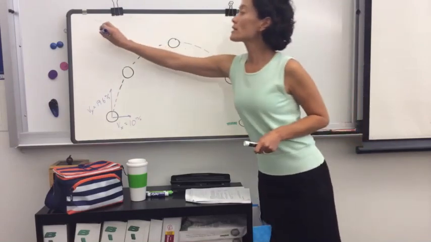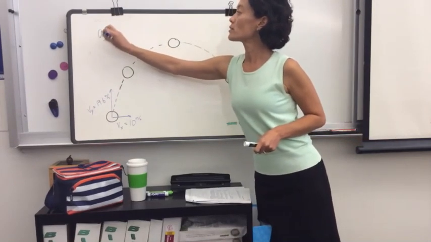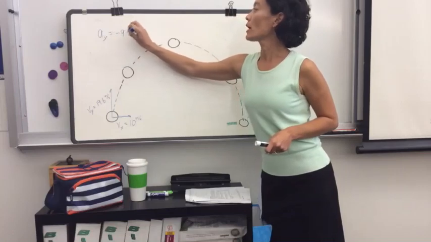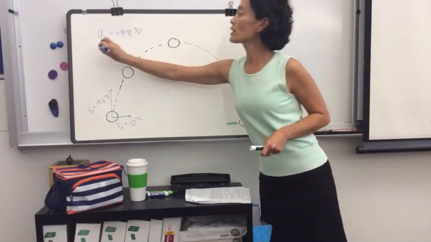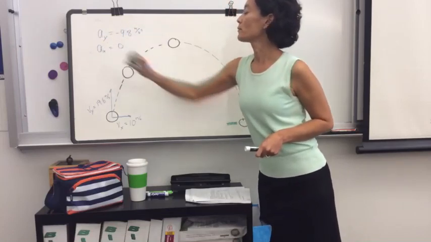Okay? The only acceleration is in y. So AY is negative 9.8 meters per second squared, and AX is 0.